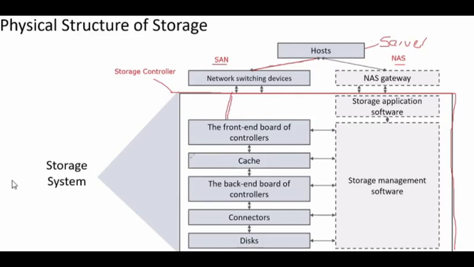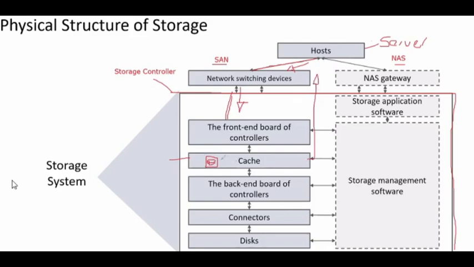Inside the storage controller, we have something called a cache. A cache is basically where your data is saved. So how the storage system works is a bit different. When data is sent via the host through the network device, comes to the storage controller, data is actually saved on the cache. Once the data is saved on the cache, the storage controller will tell the host, okay, your data is saved.